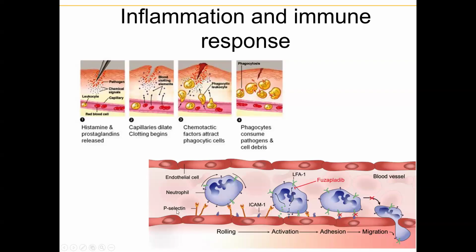Rolling is initiated with L-selectin and P-selectin, then the IgG superfamily cell adhesion molecules lead to firm binding, and further to migration or diapedesis, transcellular migration, which brings those cells into this area.